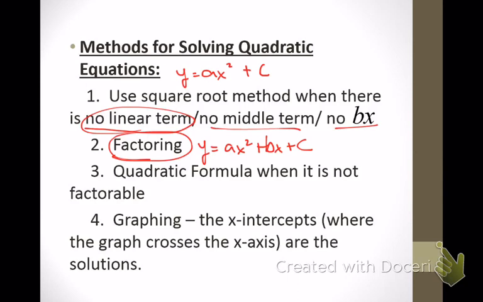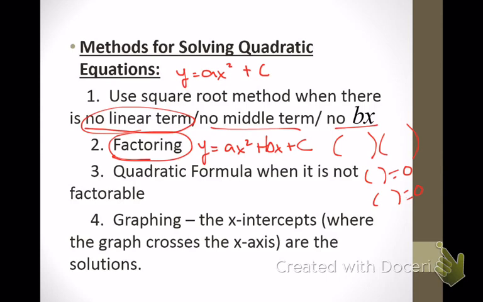Okay, so we want to try to factor, right? And remember that we want to create two binomials from a trinomial and then set these two factors equal to 0 using the zero product property. And we'll review that in more detail in a second.